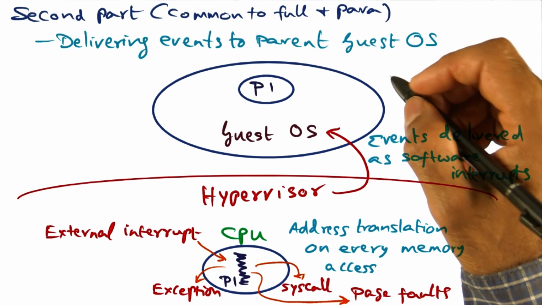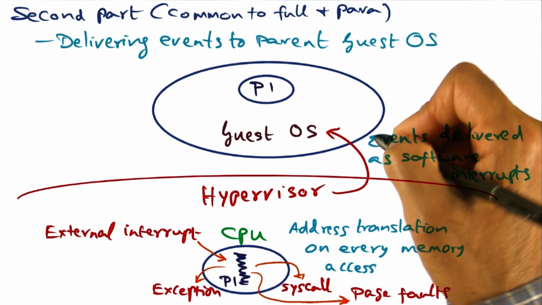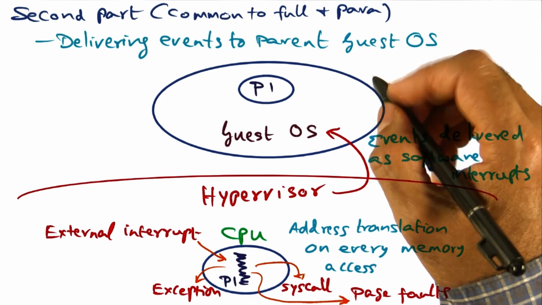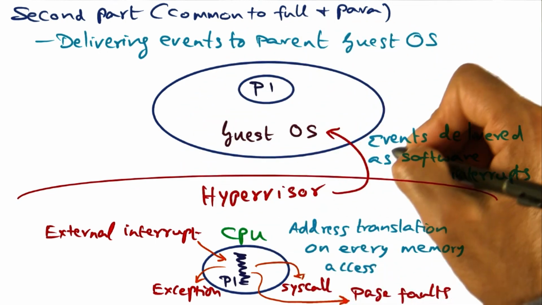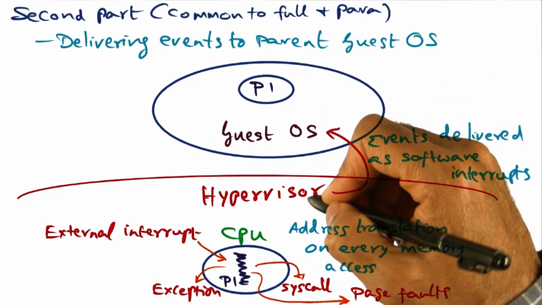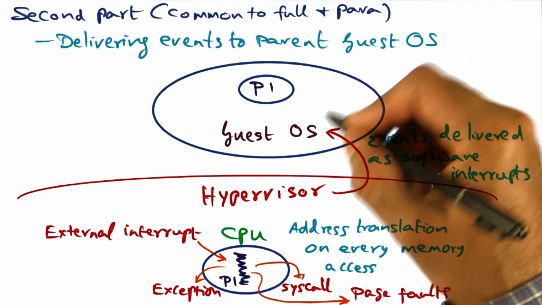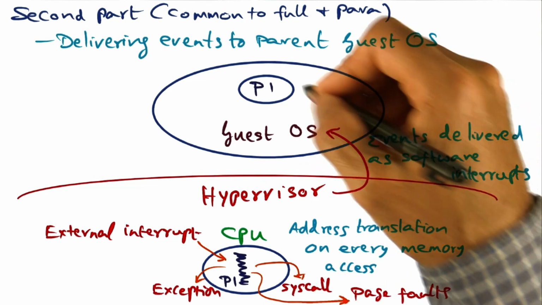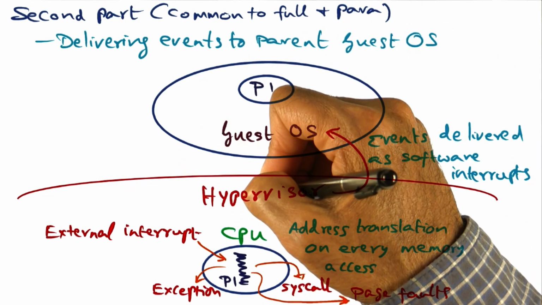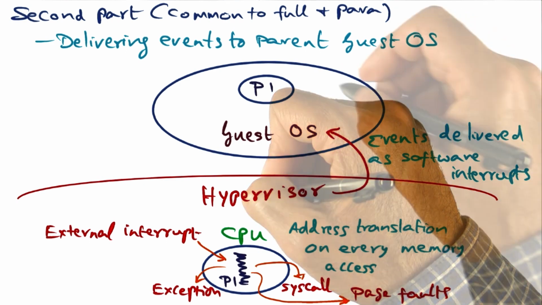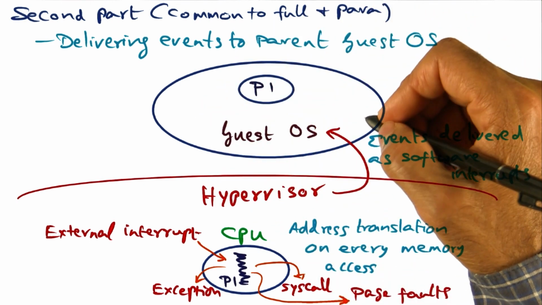In the para-virtualized environment, because we know that the para-virtualized guest is not running on bare metal, we know that it does not have the same privilege as the hypervisor, and therefore we can collaboratively make sure that anything that the guest has to do in privileged mode, it can take the help of the hypervisor to do it. But in a fully virtualized setting, the guest has no knowledge.